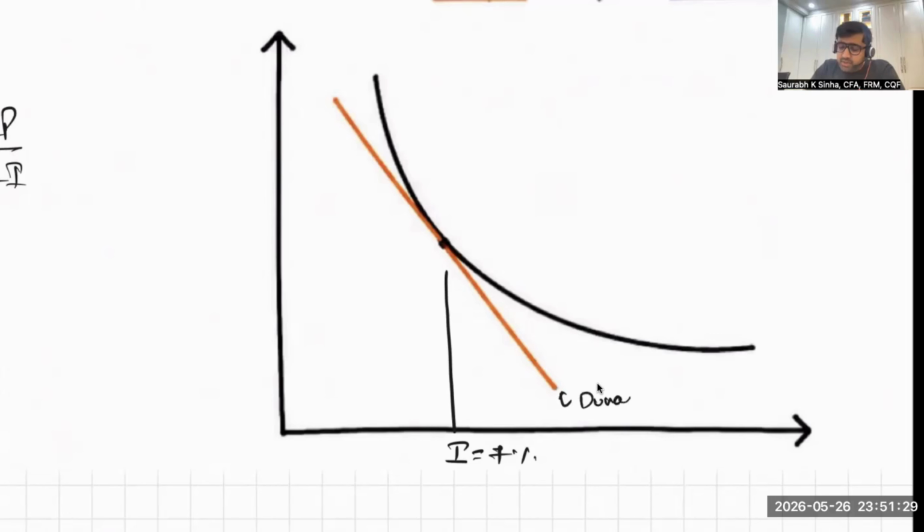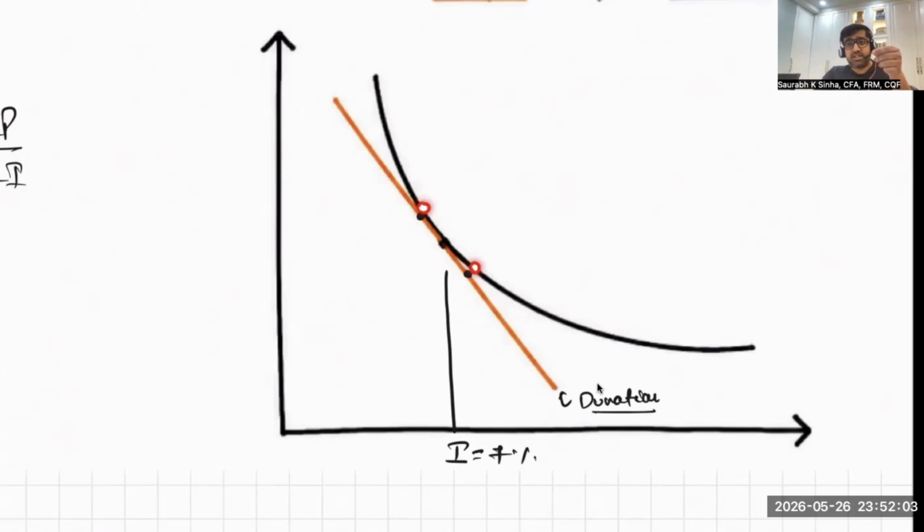This line represents duration. When I'm asking you to change the interest rate by just 1%, then because of this line, the prediction will be this point or this point. Still, you're not very far from the actual valuation, which is on the price yield curve. On the price yield curve, please understand you have actual prices of the bond respective to a given interest rate.